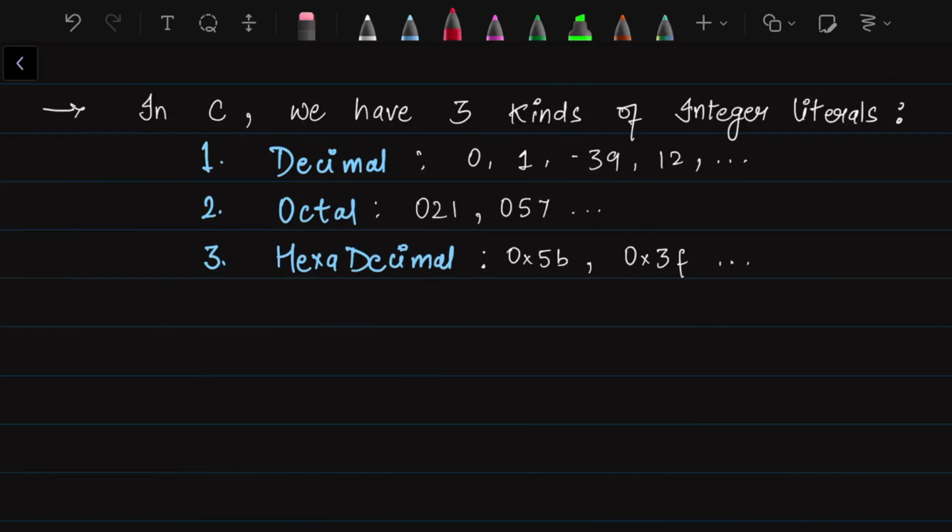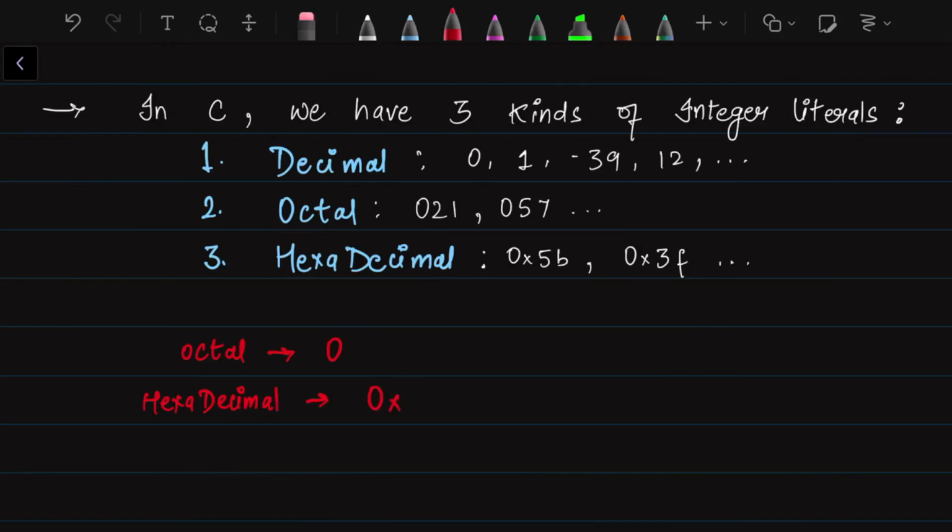Now there are a few things that you need to remember. Octal numerical literals start with 0, and hexadecimal numerical literals start with 0x.